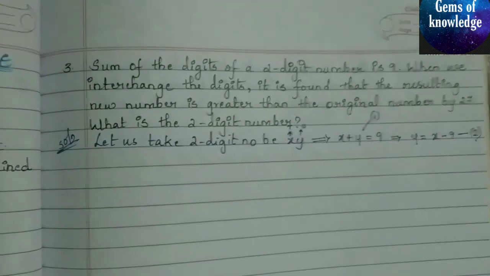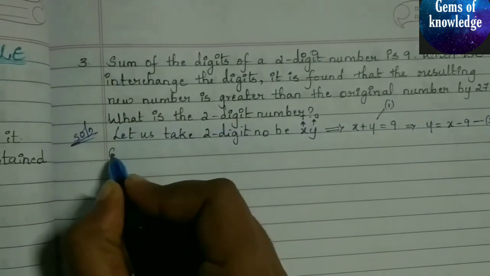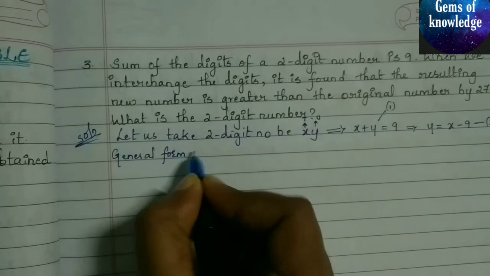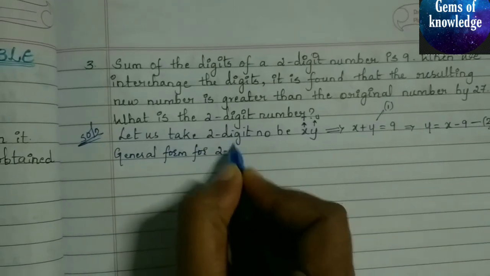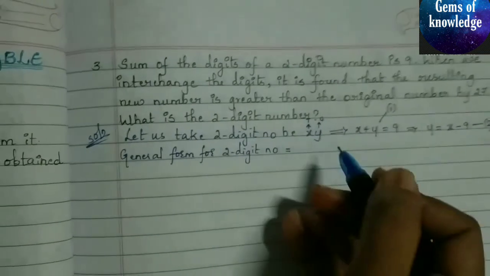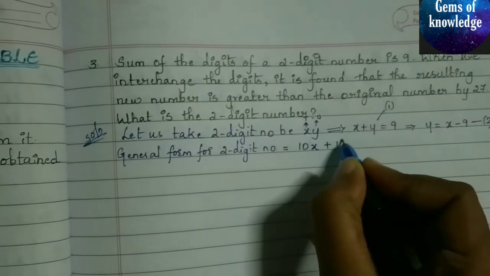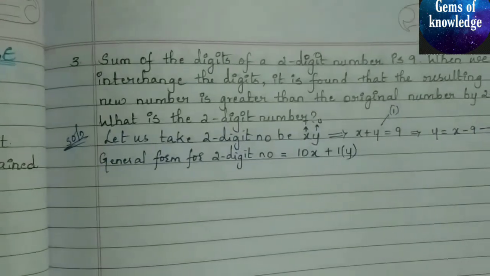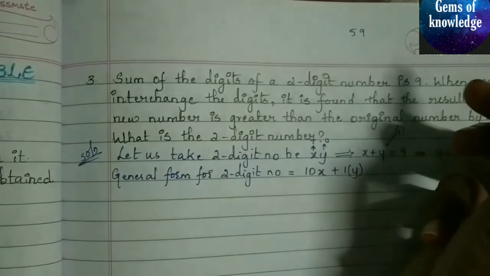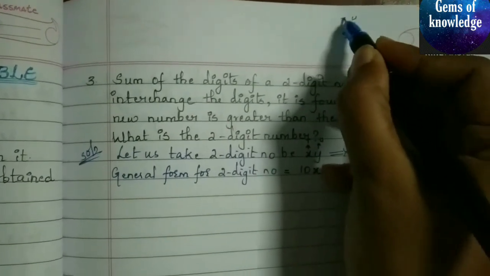When we write our general form for a 2-digit number, we get 10 into x plus 1 into y, isn't it? You can see here, when we have 59 as our 2-digit number, this 9 is in the units place and this 5 is in the tens place.